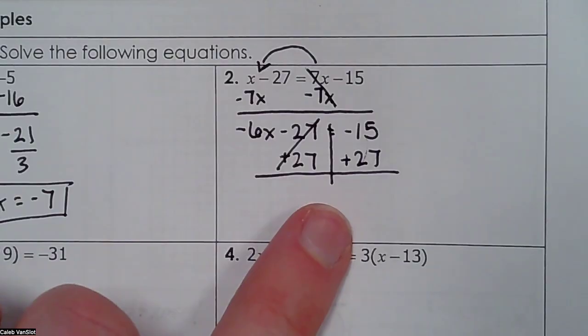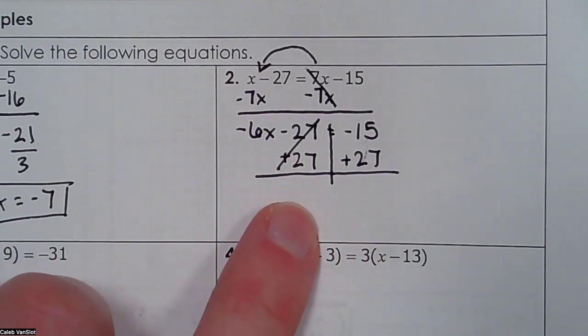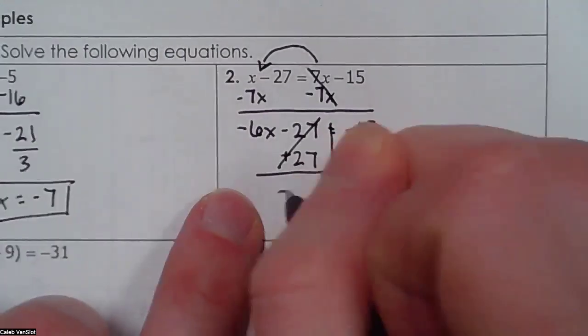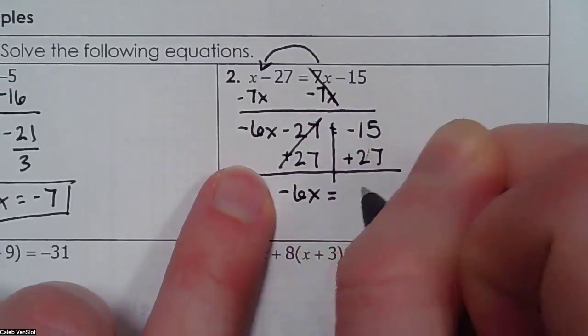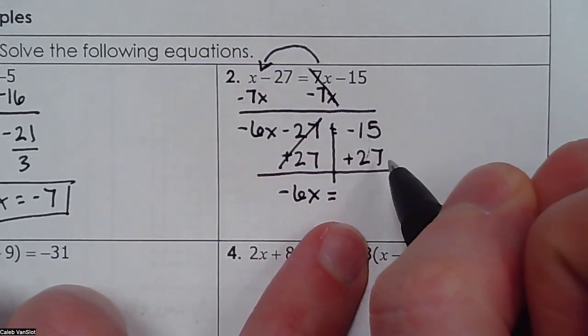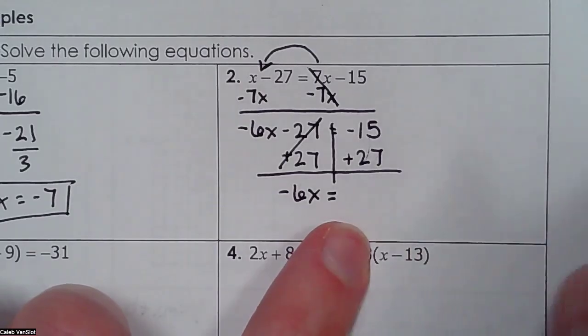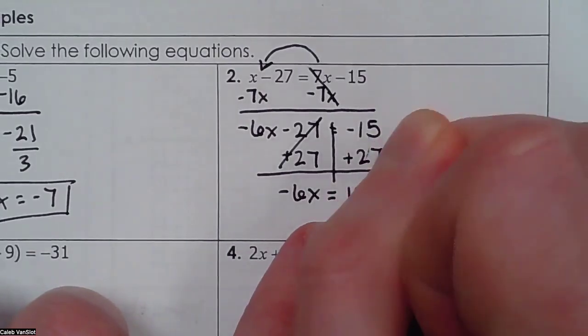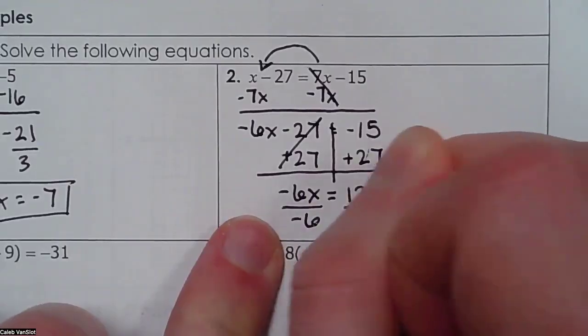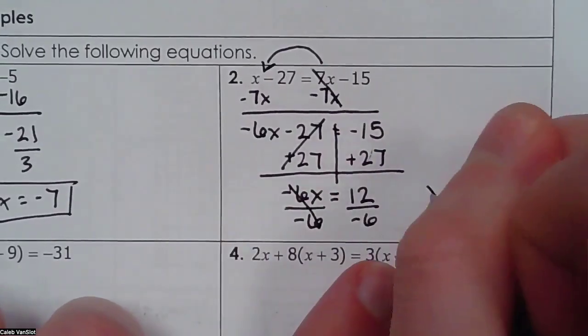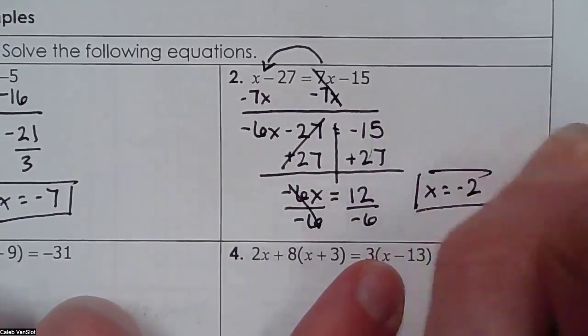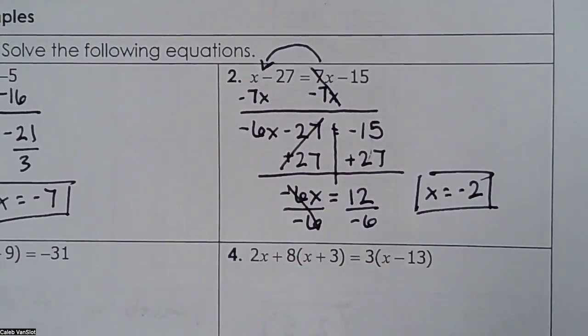We're not increasing the value of anything. We're just changing the location of it, okay? So now we have -6x equals, is this 13, 12? Okay. So +12. And when I divide by that -6 right there, I get -2 for my x, and we're all set. Okay.